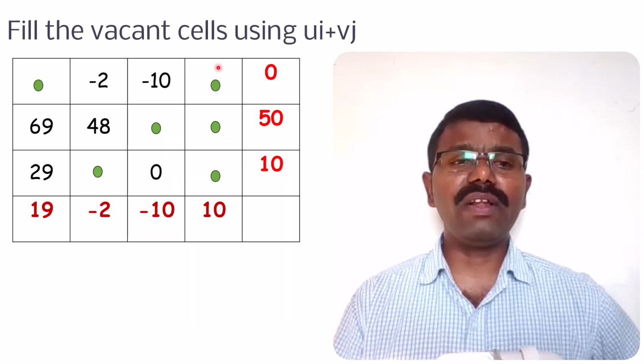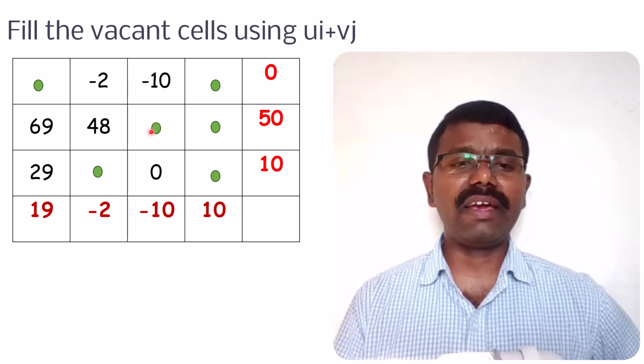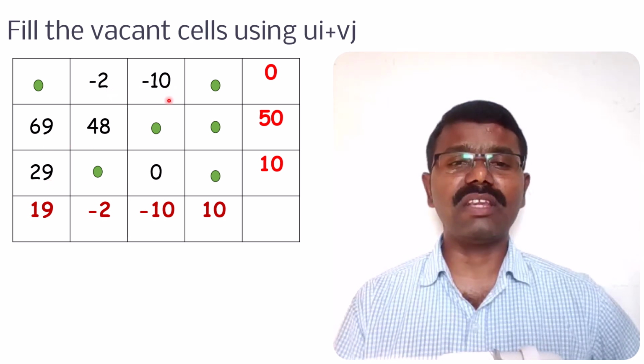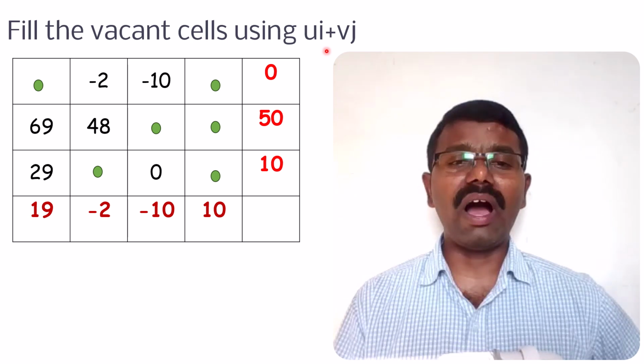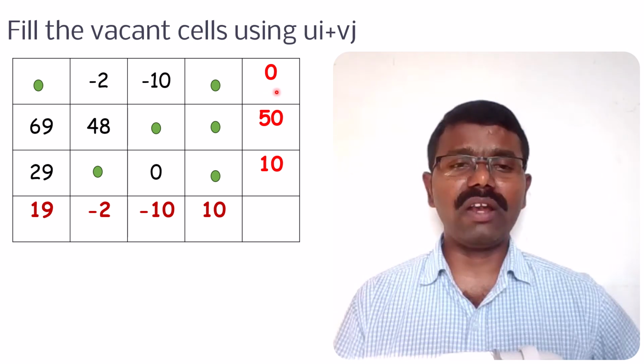Now fill the vacant cells using ui plus vj. These are the allocated cells and these are the vacant cells. So these vacant cells you fill with ui plus vj. That means this cell belongs to u1 plus v2.